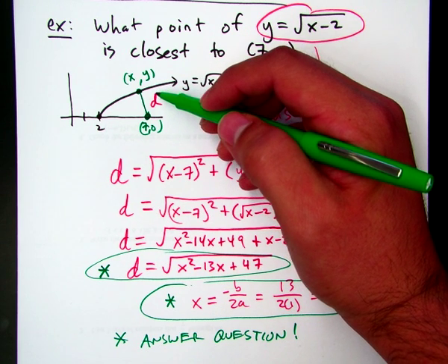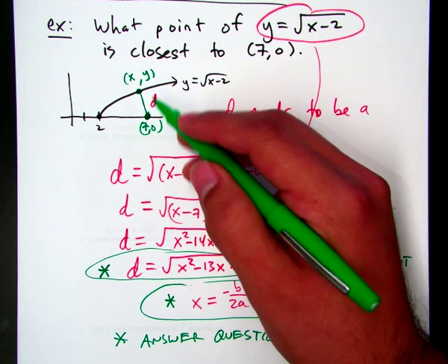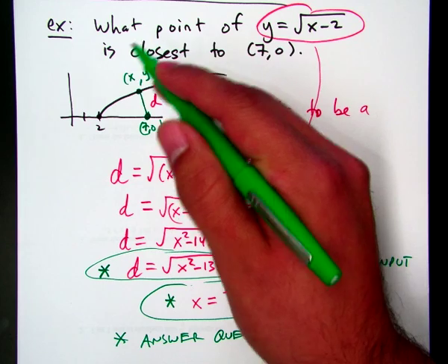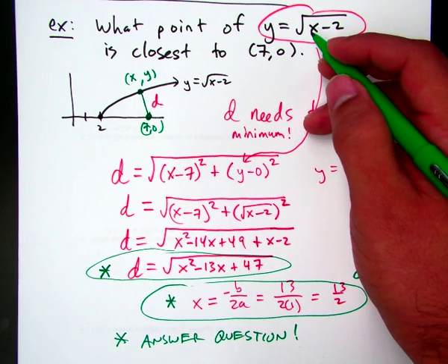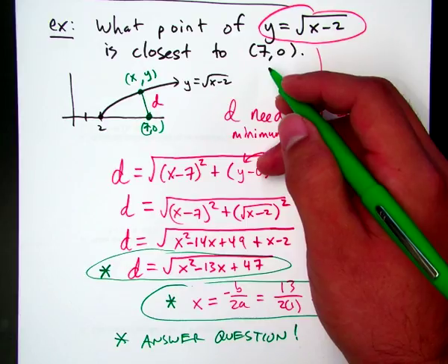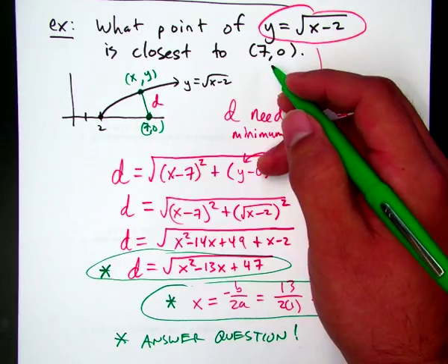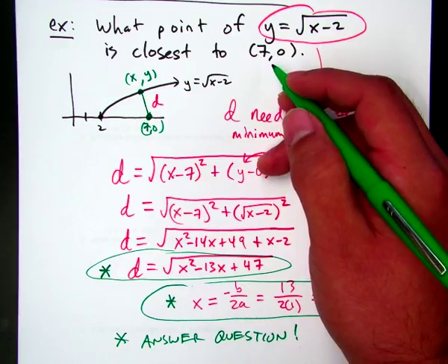You guys see my point? Okay. Or, if I don't ask you this, I could just say, find the minimum distance between this curve and this point. You see the difference? Find the point versus find the minimum distance. That tells you where to plug stuff in.